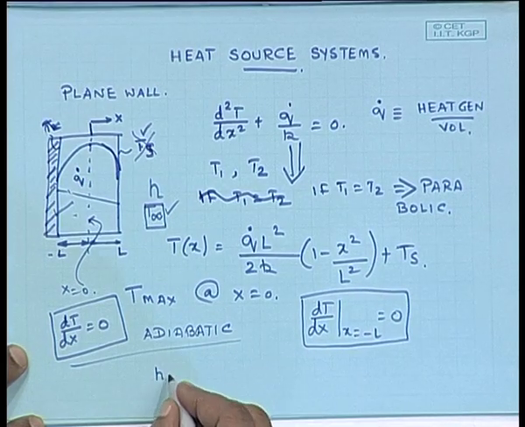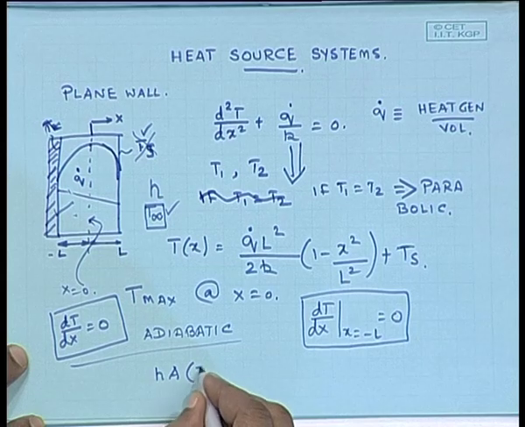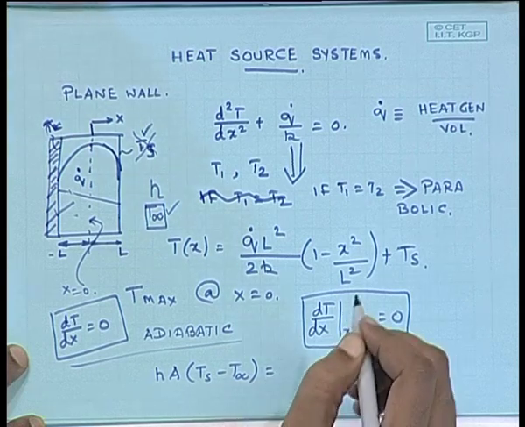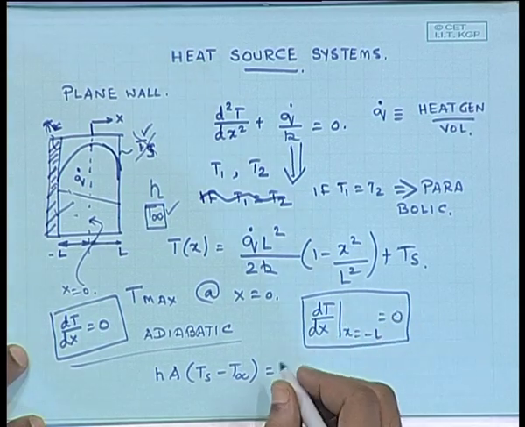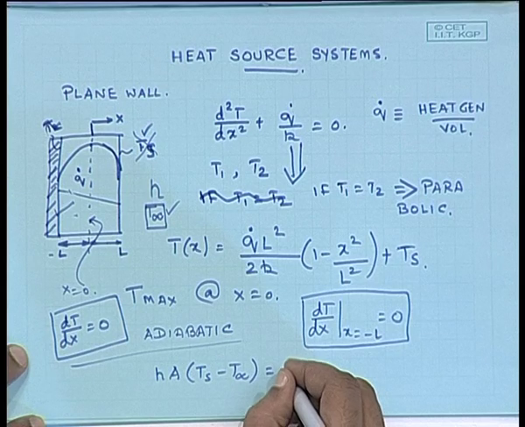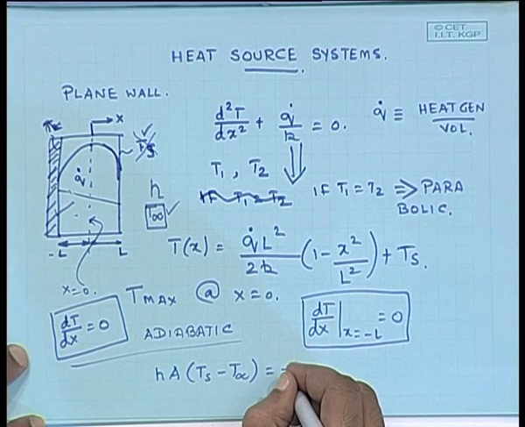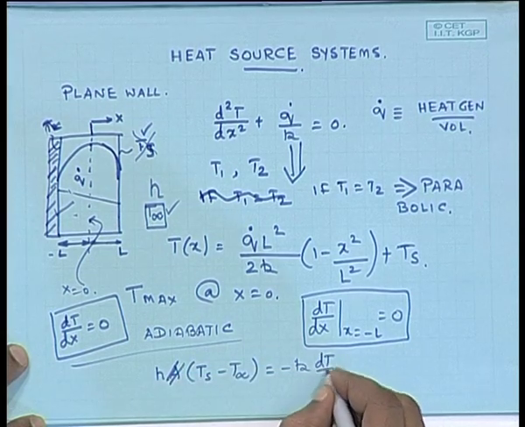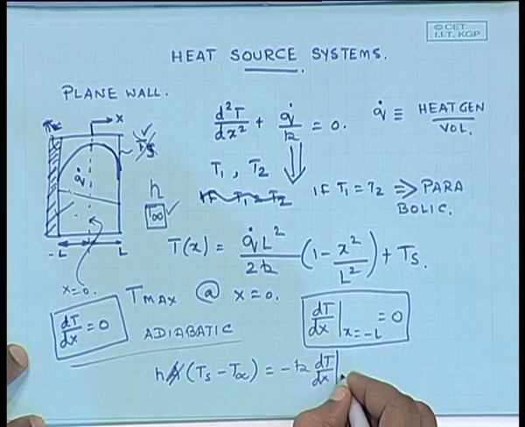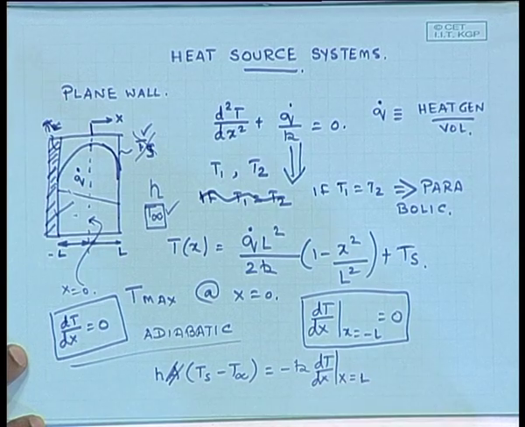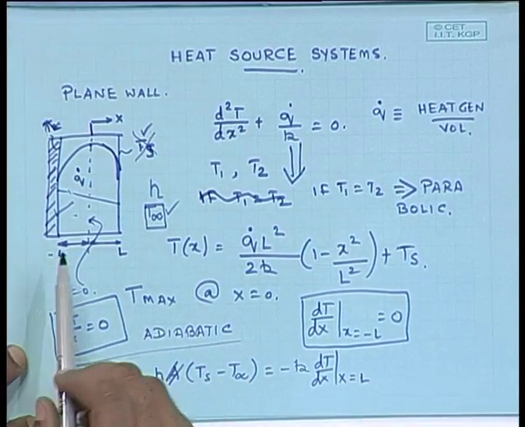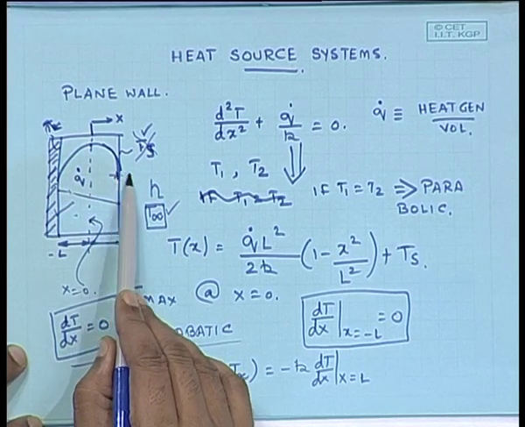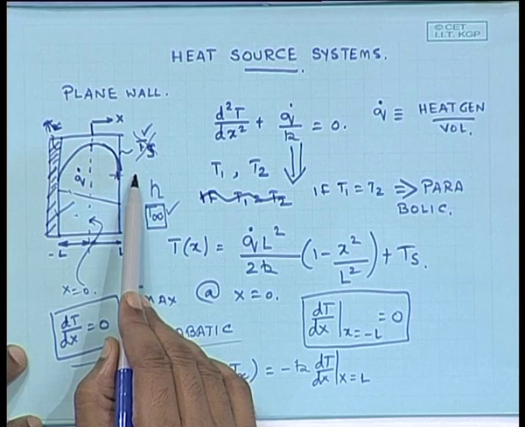Well, h, whatever A that I have, Ts minus T infinity is equal to minus or plus? Minus k, let us forget about A in here, dT dx at x equal to L. So, what you are saying in effect is that whatever heat that comes at this point is being convected out at steady state.